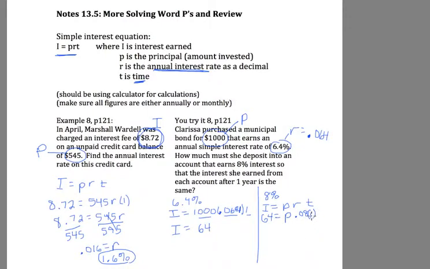Again, timesing by 1 doesn't change this, so you can think of it as 64 equals P times 0.08. How do I solve for P? I divide both sides by 0.08. And I get P equals 800. I would have to start with $800 in the principal.